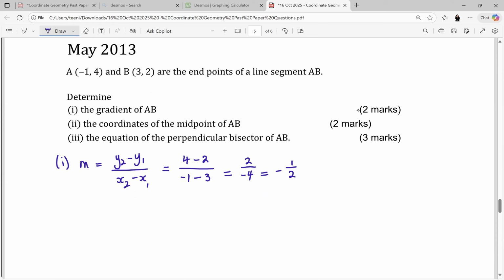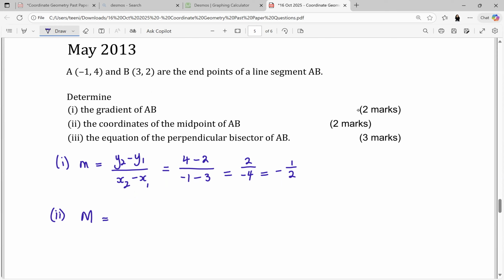Next thing, part 2 says to determine the coordinates of the midpoint of AB. So, of course, you use the midpoint formula. The midpoint is capital M, right? Use a capital M because common m is usually used to represent gradient.